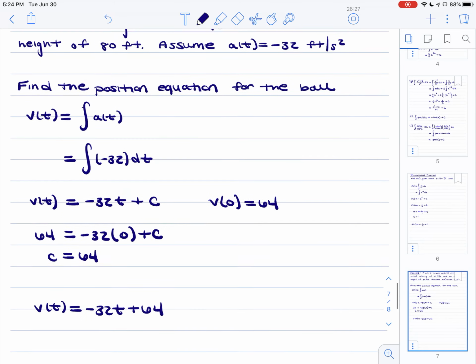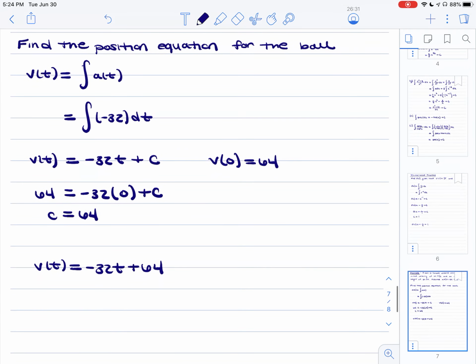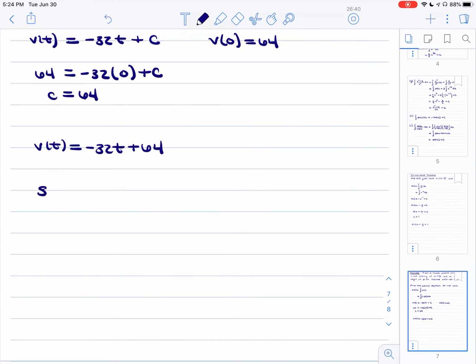All right, now remember our goal though is to find the position equation. So just like we integrated acceleration to find velocity, if we integrate velocity, we'll find position. So our position equation is the antiderivative of the velocity equation.